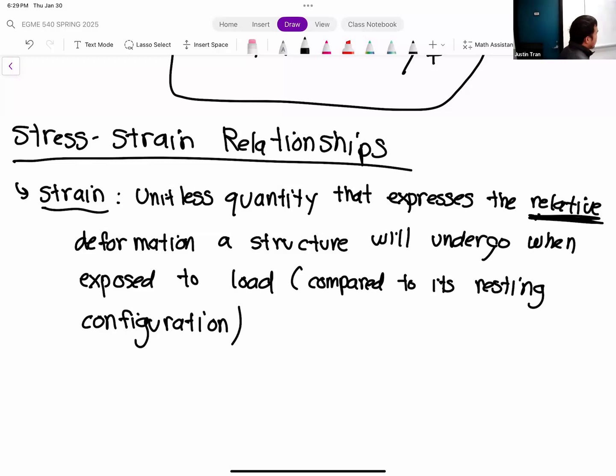And I think the way that most people learn about strain is through a simple one-dimensional rod.